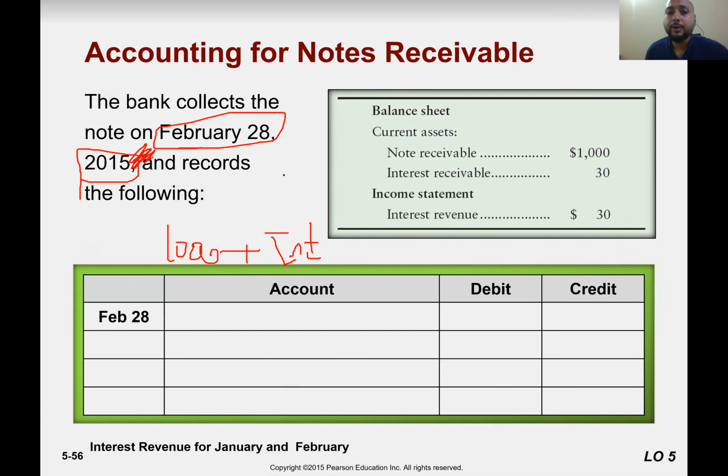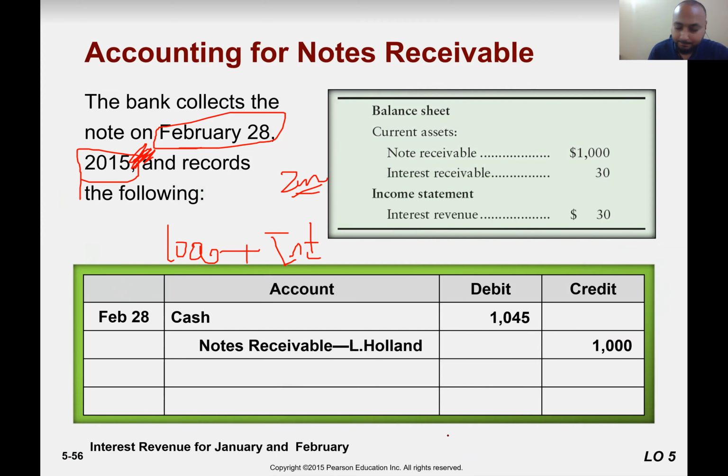Only January and February, 2 months. So our interest would be 1,000 multiplied by 9% multiplied by 2 divided by 12. I think the answer would be 15.